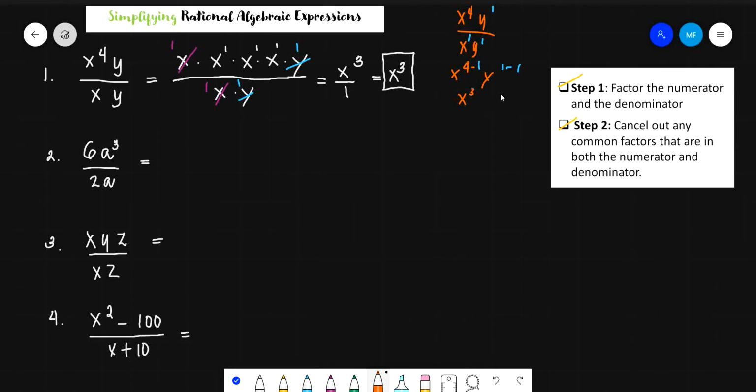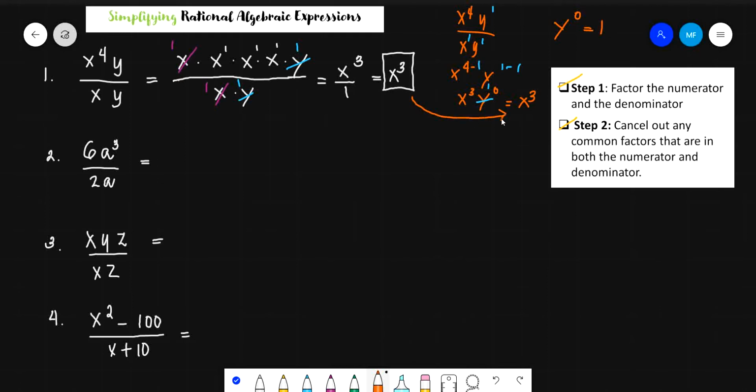Tapos, yung y, y raised to 1 minus 1, ang sagot niya is y raised to 0. Take note, tandaan natin, any value ng variable except 0 raised to 0, always equal yan sa 1. So, that means itong y to the 0 equal yan sa 1. So, ang sagot natin dito will be x cubed na lang, which is the same yung sagot natin kanina.